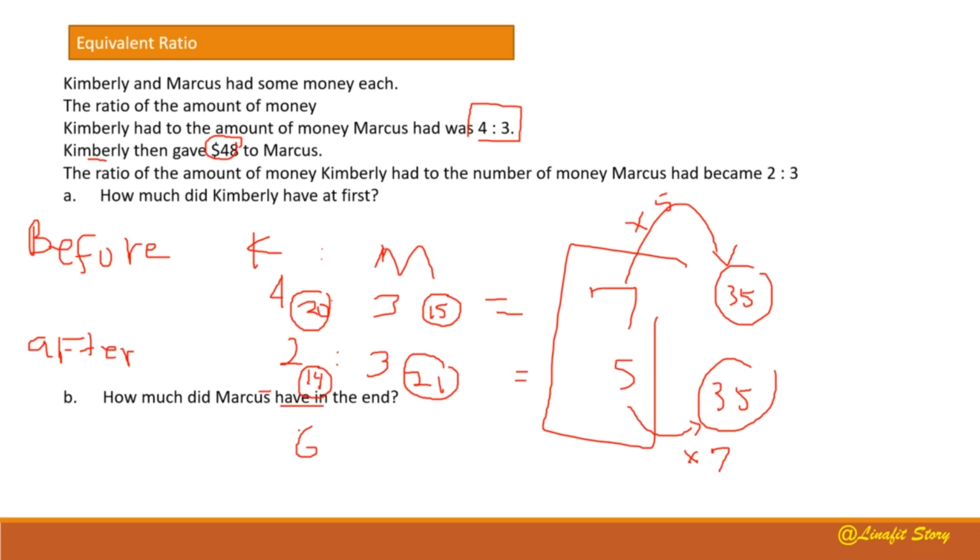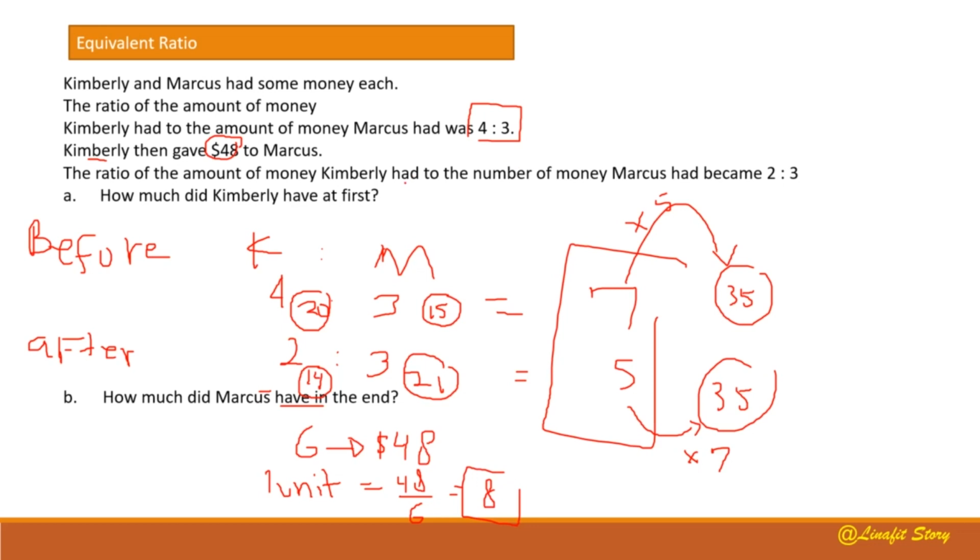So now this means 6 units equals $48. If 6 units equals $48, how about 1 unit? So 1 unit equals 48 divided by 6 equals 8. And then question A, how much did Kimberly have at first?